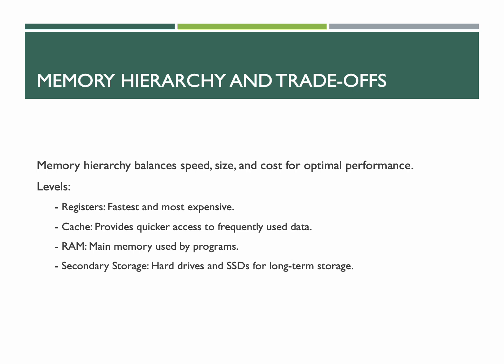So understanding this hierarchy is crucial for designing efficient operating systems and hardware that balance performance and cost. This layered approach ensures that memory resources are optimized to provide the best possible performance for both applications and the user.